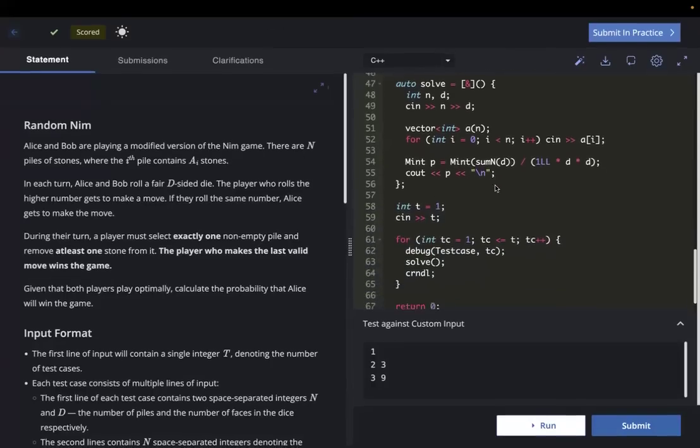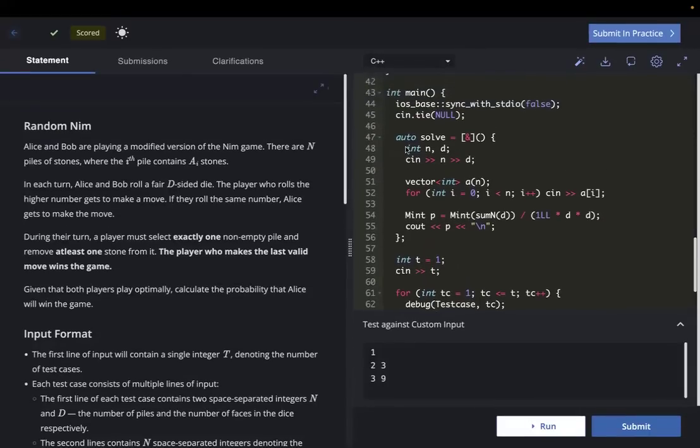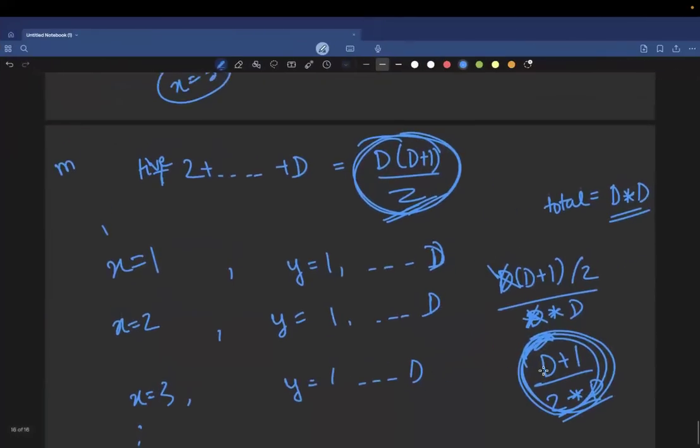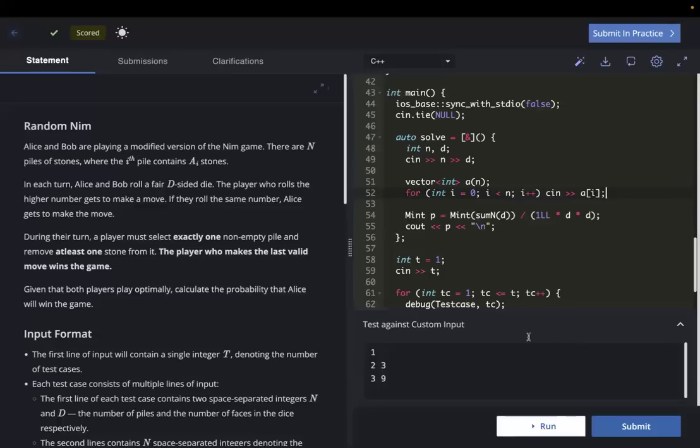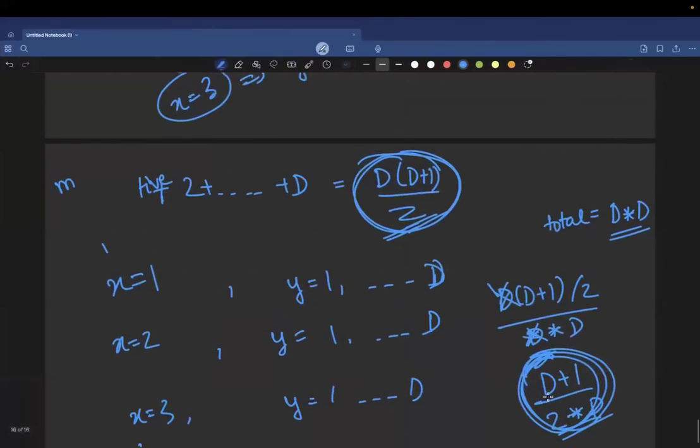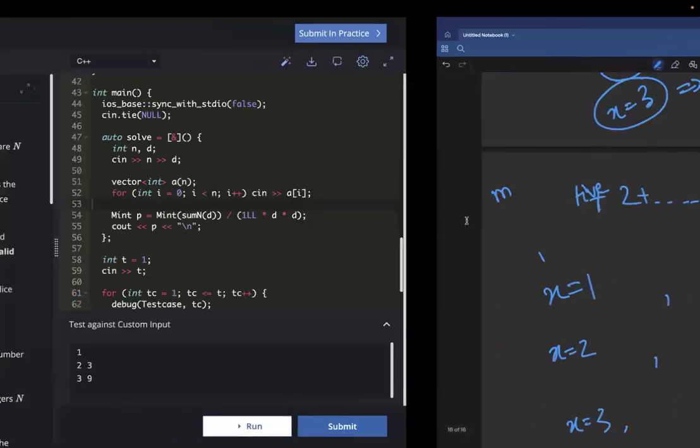So in this problem, what I have done is, first of all, I took the inputs, and the answer is nothing but, I could have actually written it as d plus 1 divided by 2 into d.